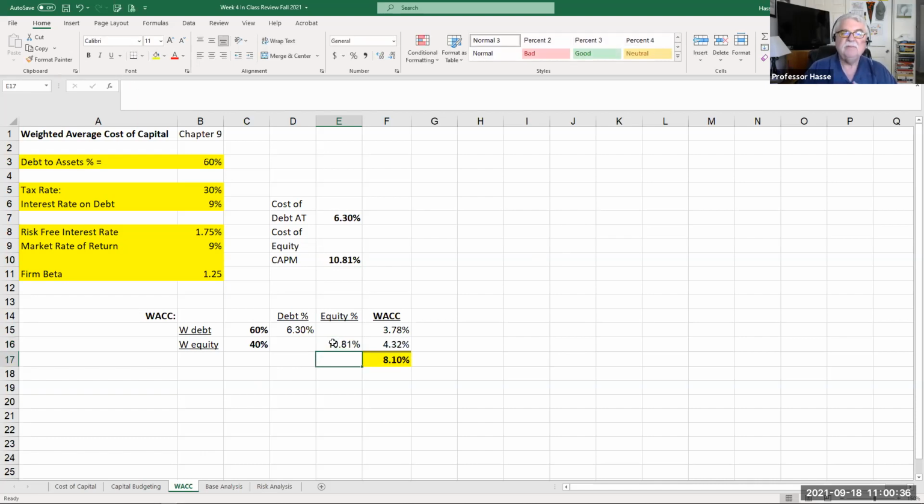Our capital budget share of our capital structure for equity is 40%. How did I get that? Well, if our debt to assets is 60%, our equity has got to be 40. It has to total 100%. So 40% is the weight of equity. I weight that. Our weighted average cost of equity is 4.32, and that equals 8.1%.